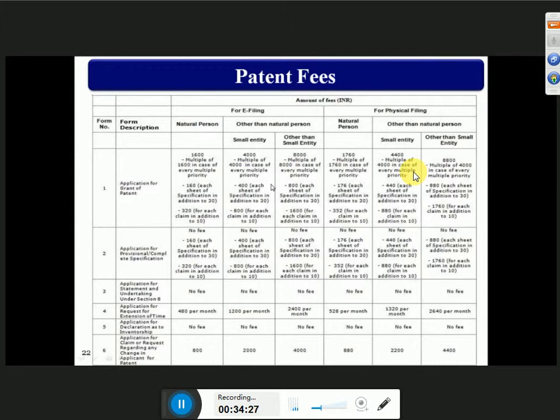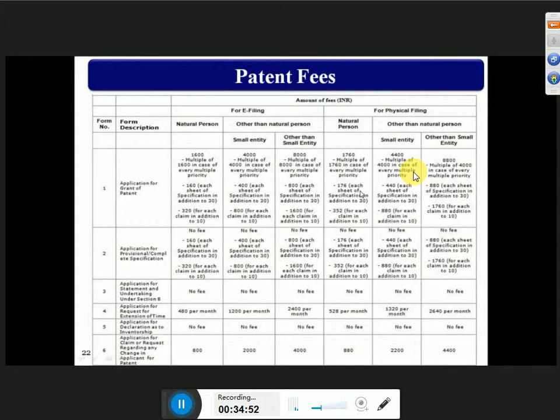E-filing is suitable for those who are filing 20-30 patents in a year, because e-filing requires a digital signature, and a digital signature itself is somehow costly. So if you are not able to file more than 20-30 patent applications in a year, my suggestion is to go for physical filing.